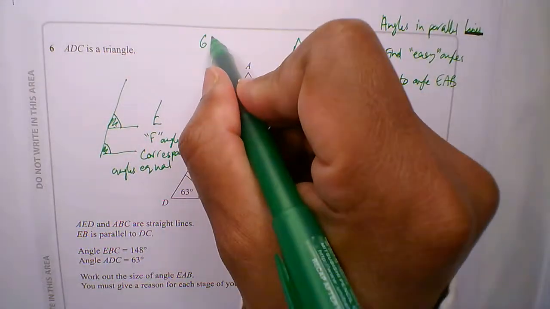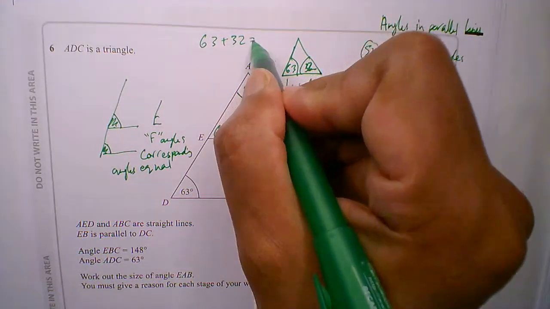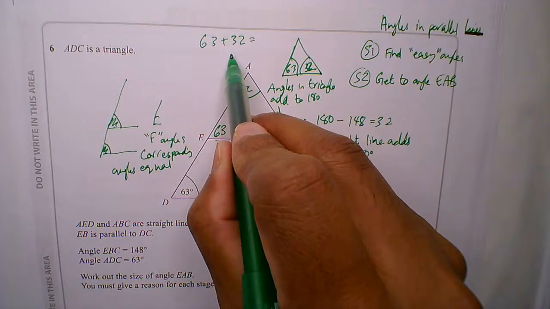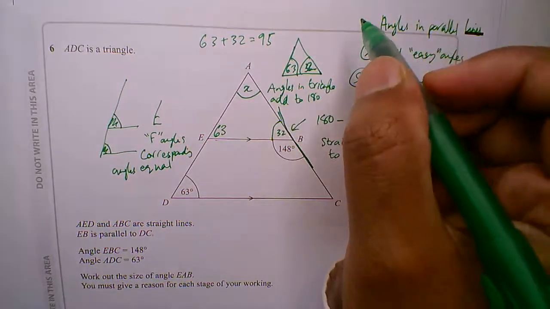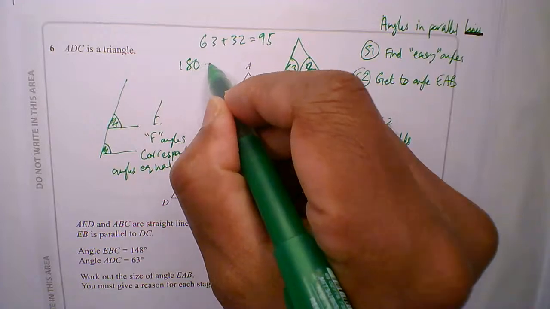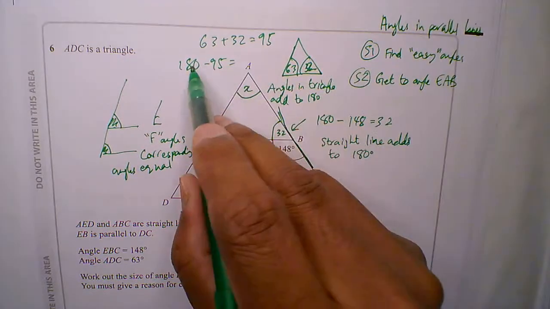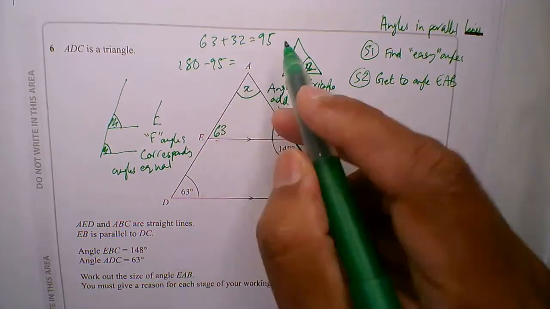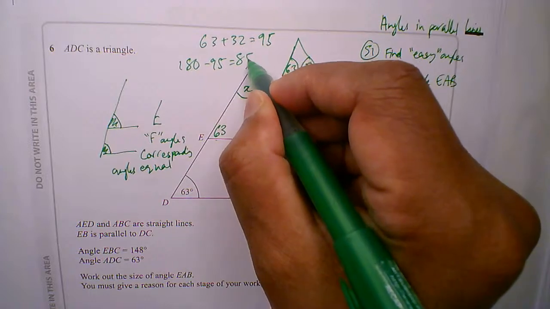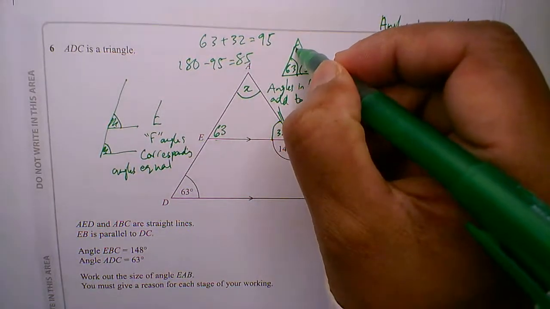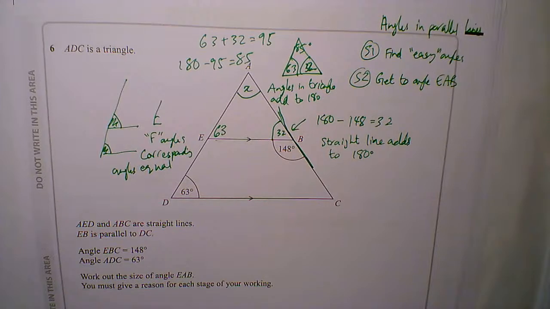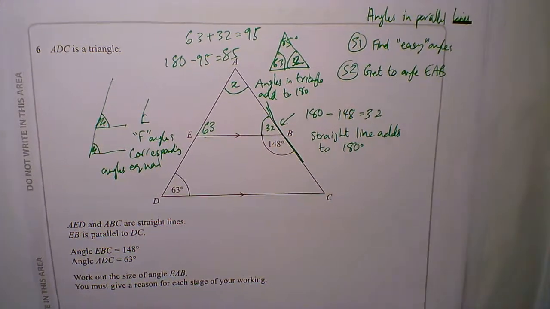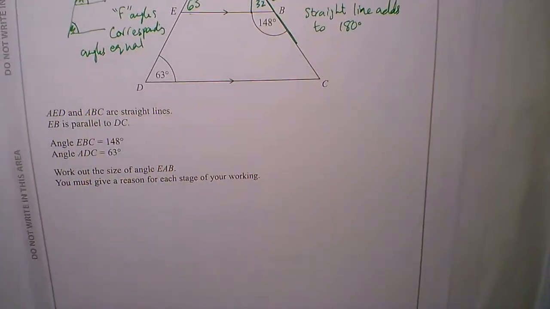I add these together: 63 plus 32 is 95. Then I do 180 minus 95. 180 minus 90 is 90, take away another 5 is 85. So my angle here is 85 degrees.